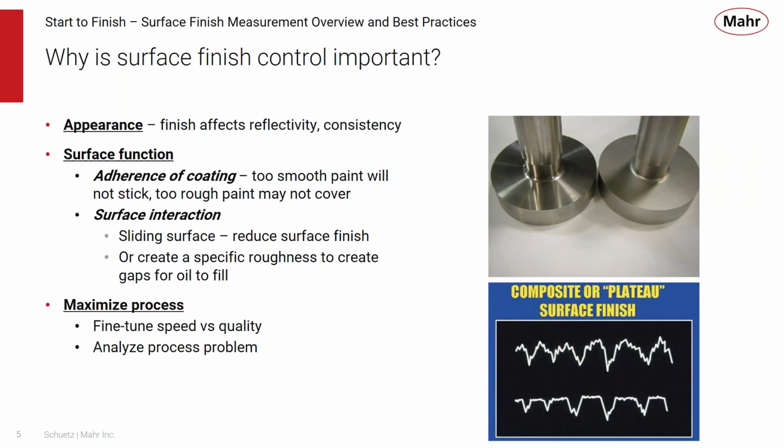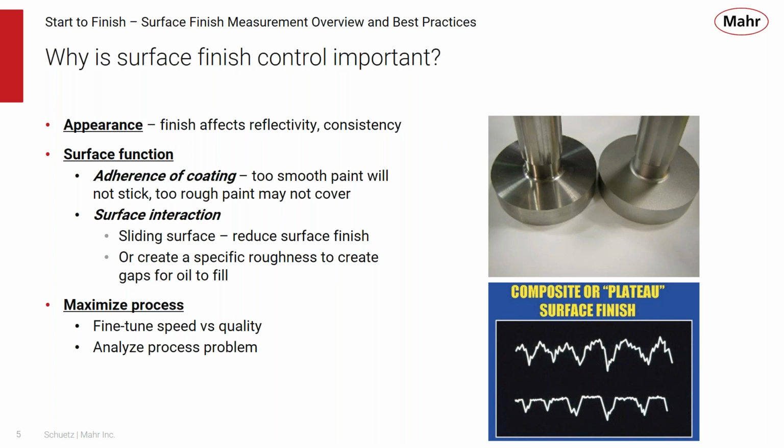So why is surface finish something that's important to control? Here are 3 or 4 examples of where surface finish needs to be controlled. The first one is appearance. Surface finish really affects reflectivity and consistency of the surface.